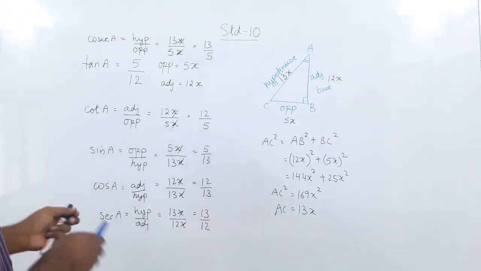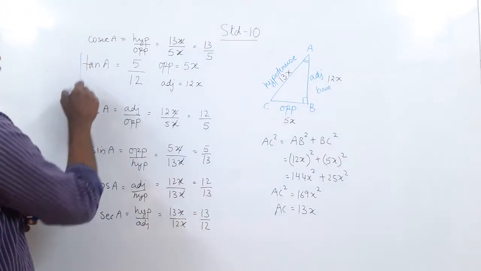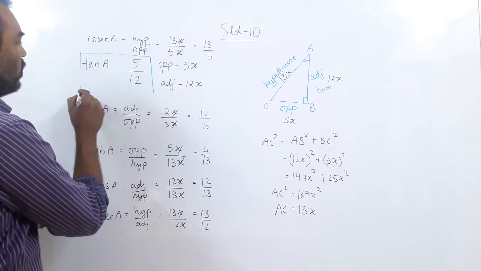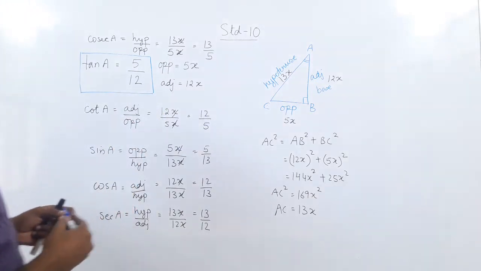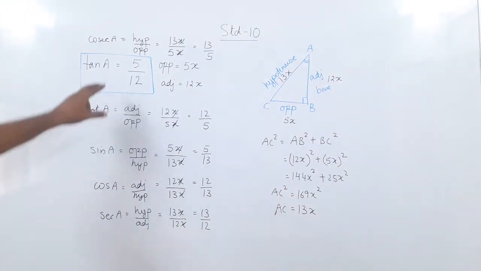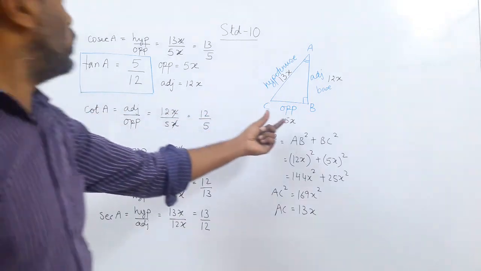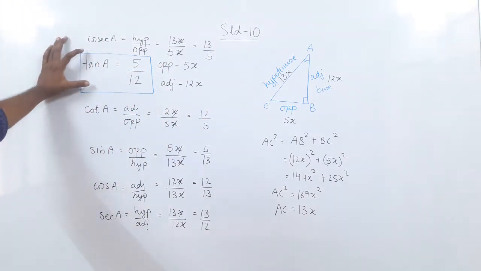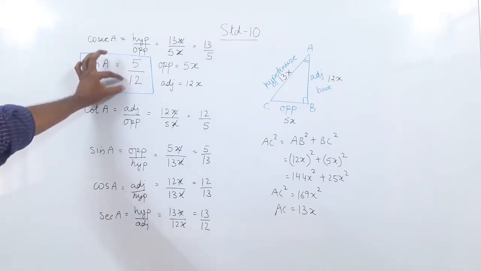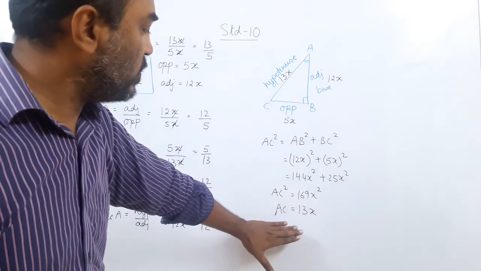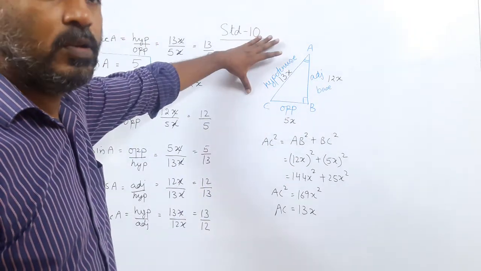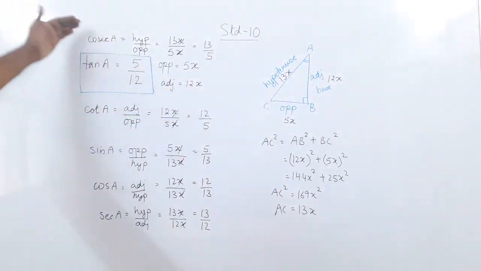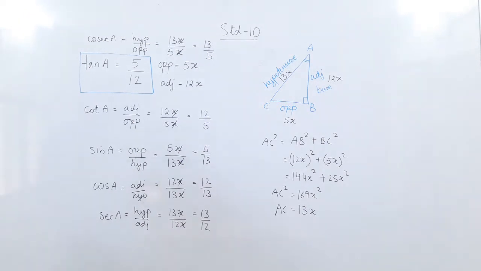One ratio of a triangle was given to us. So we took the ratio 5/12 as the opposite side over the adjacent side, because tan is the ratio of the opposite side and the adjacent side. So I took this as 5x, so this became 12x. By the Pythagoras theorem I found the hypotenuse. Since I have the three sides, I can easily find all the ratios.